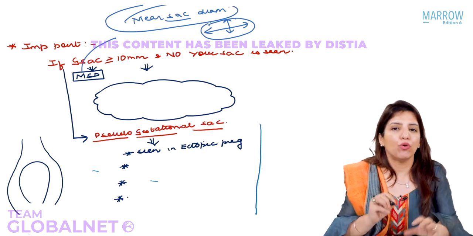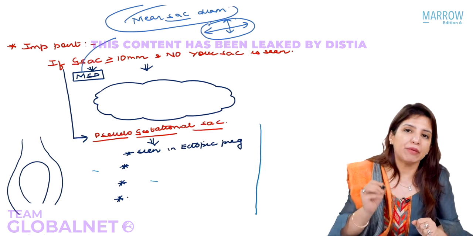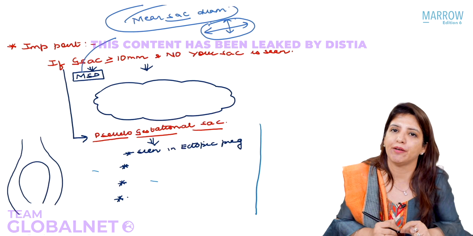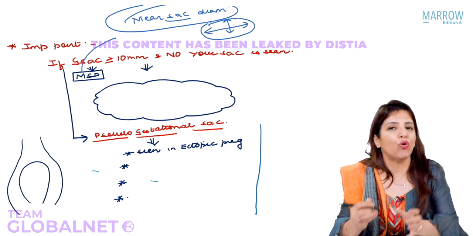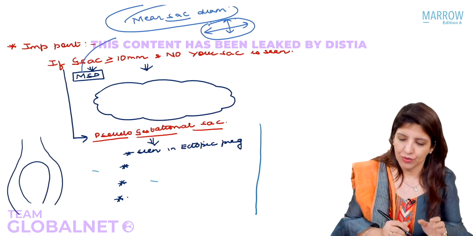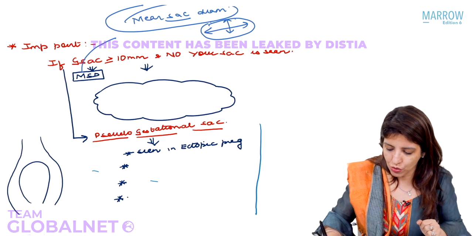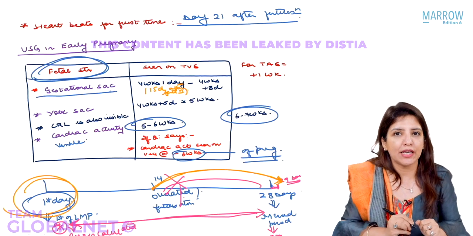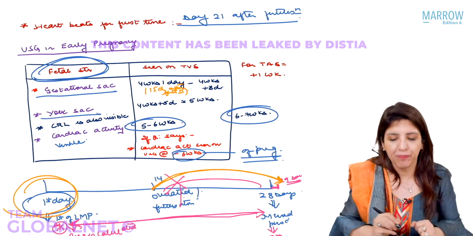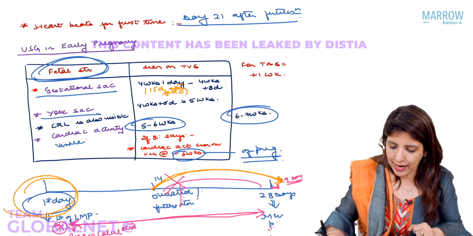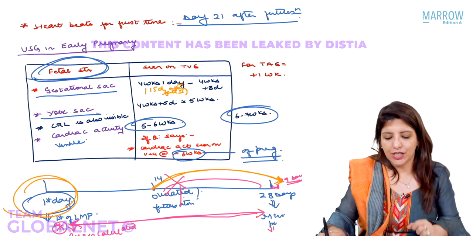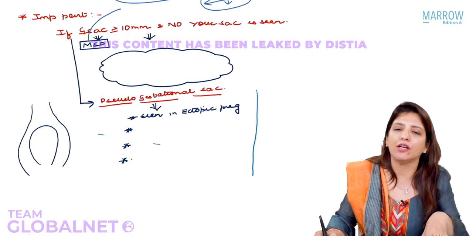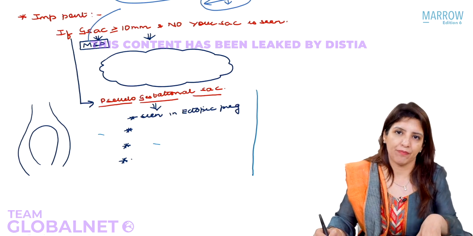Right? So suppose your question is saying that mean sac diameter or the gestational sac is more than 10 millimeters and no yolk sac is seen. Right? So you know the sequence. You know that first what should be seen? First a gestational sac should be seen and then a yolk sac should be seen. Now the question is saying that gestational sac is more than or equal to 10 millimeters but still a yolk sac is not seen.